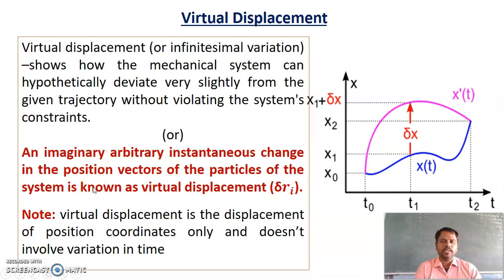An imaginary, arbitrary, instantaneous change in the position of a particle of the system is known as virtual displacement. Note, virtual displacement is the displacement of the position coordinates only and does not involve variation in time.